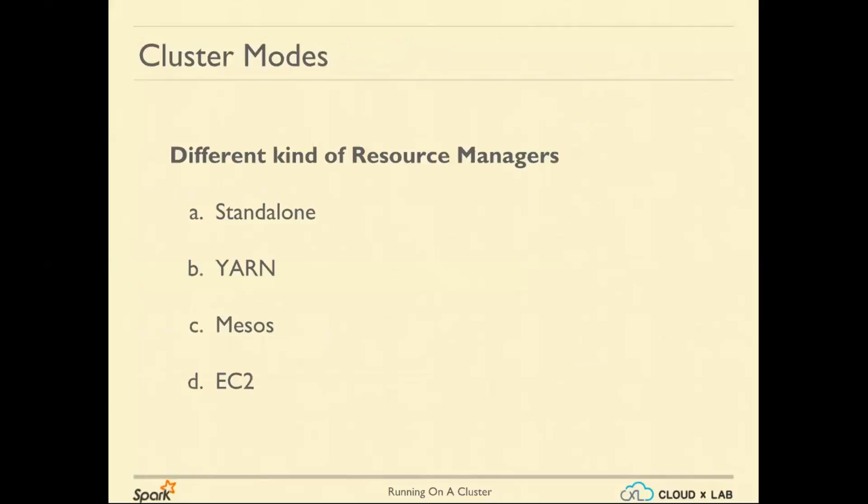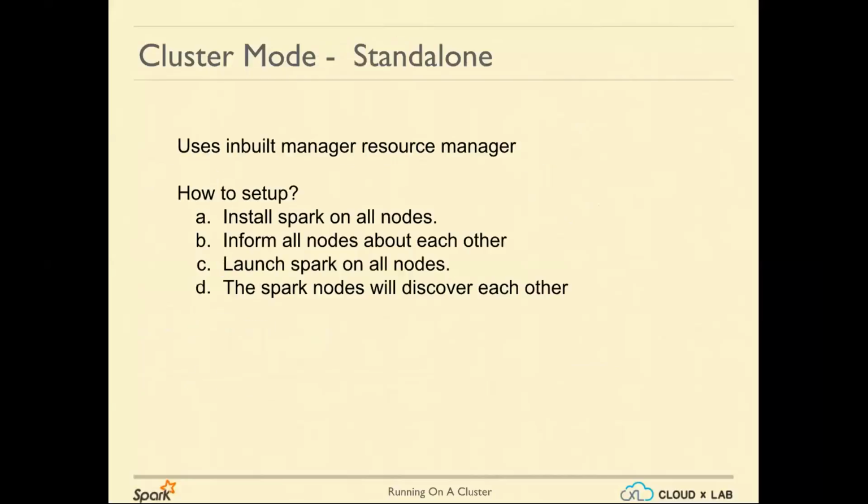Now, the second mode was cluster mode. First one was local mode, other was cluster mode. It can run on the cluster either standalone, on Yarn, on Mesos, or on EC2. So standalone is when in an organization you don't have a cluster, but you have machines.